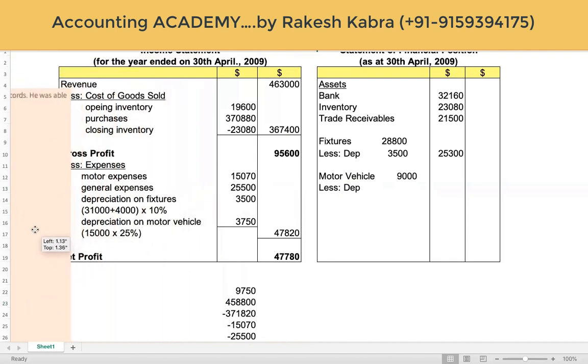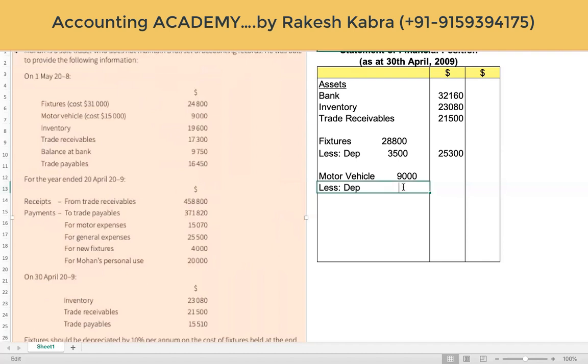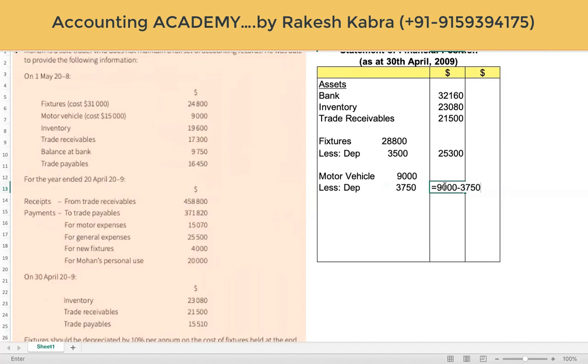So 9,000 minus 3,750, this value I will show. Any other non-current asset? Nothing.